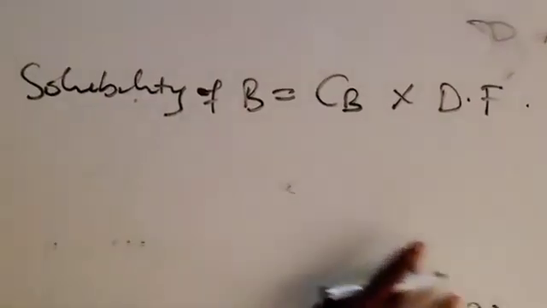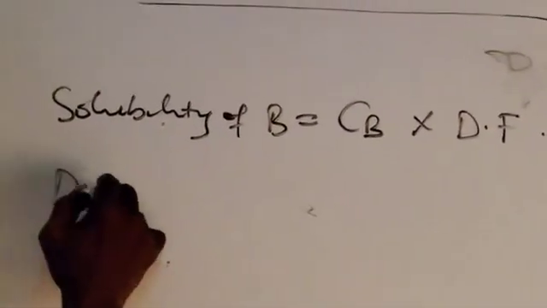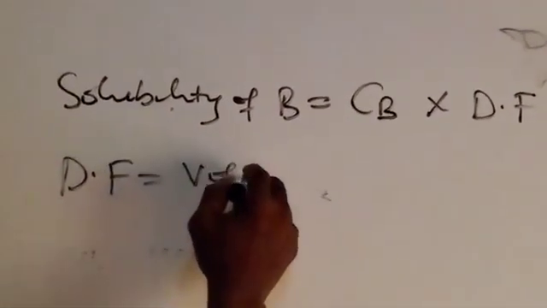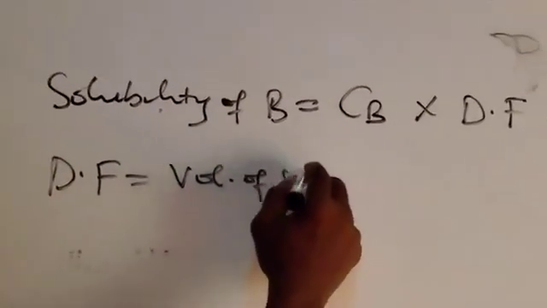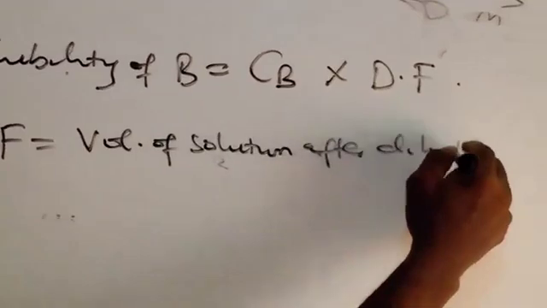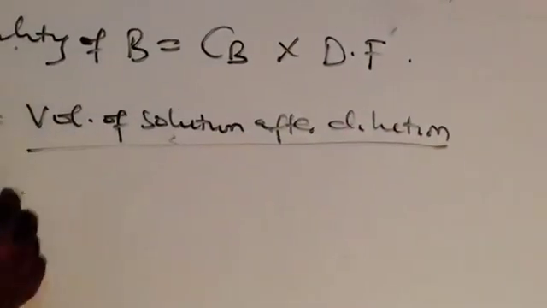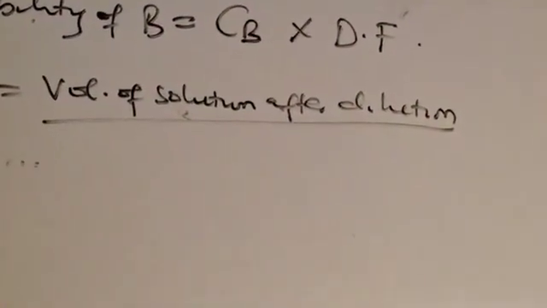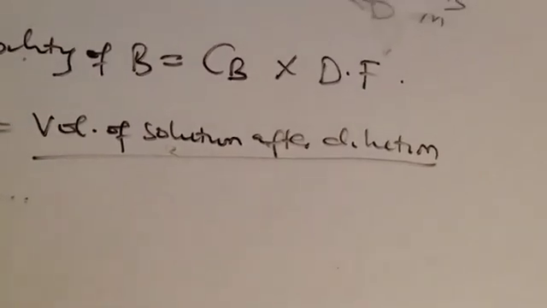So how do we get the dilution factor? Dilution factor is nothing but the volume of solution after dilution all over the volume of solution before dilution.